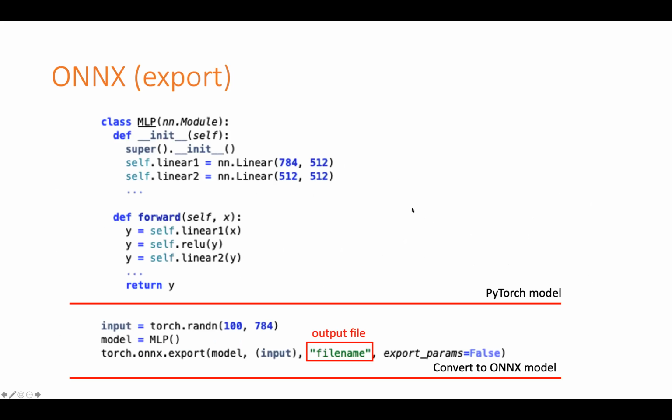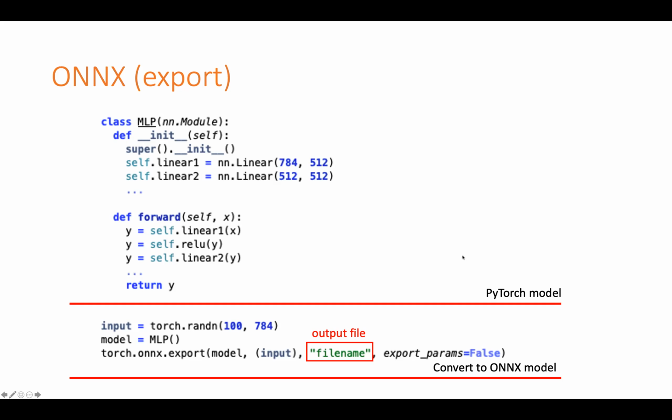I'll show how ONNX export works in PyTorch. You simply take your model, create a sort of template input, and then you call torch ONNX export, specifying the output file name.